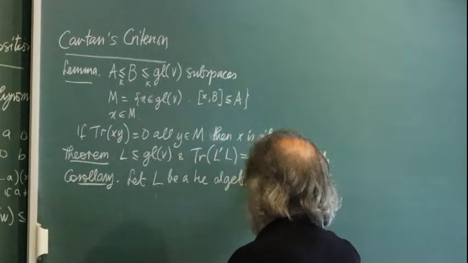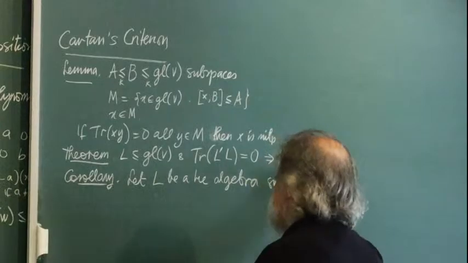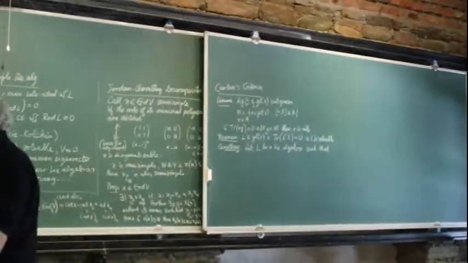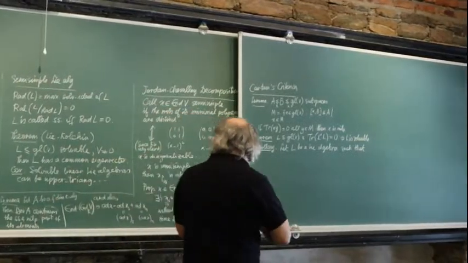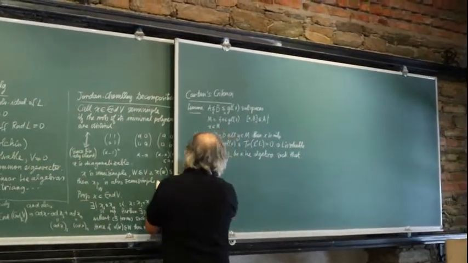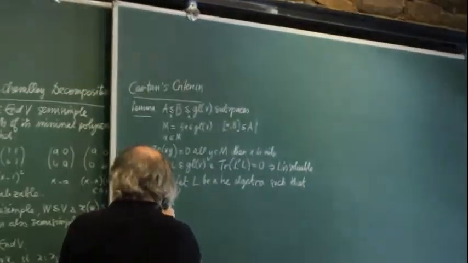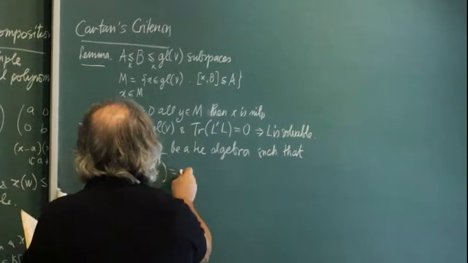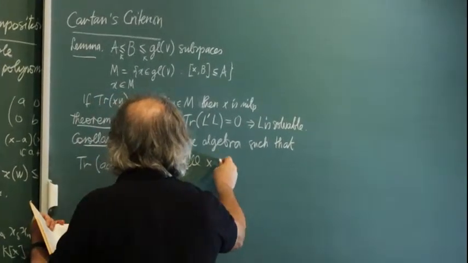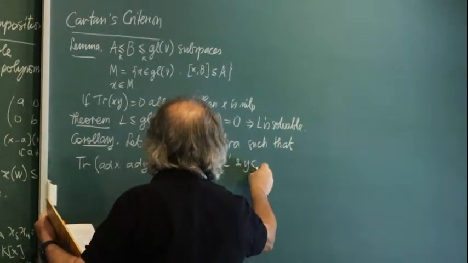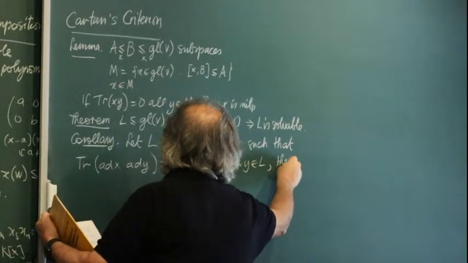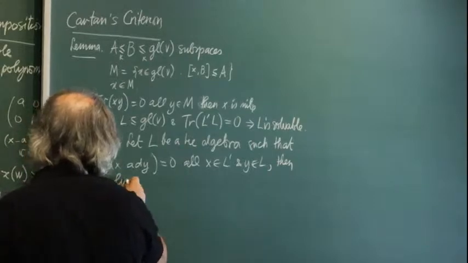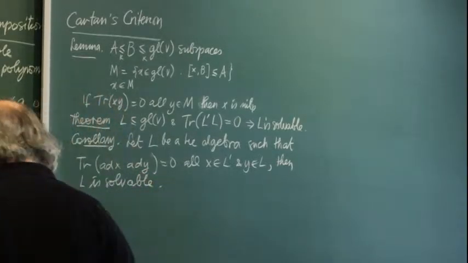I want to use this, so for X in L, I use ad X. If trace of ad X ad Y is equal to 0 for all X in L prime and Y in L, then L is solvable.